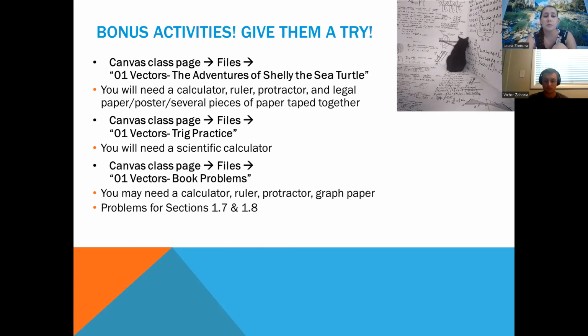And then there are some additional book problems. These would be your more typical homework style problems from a professor because these are pulled directly from the textbook. So you'll need a calculator, possibly a ruler, protractor, or graph paper if they ask you to add or diagram some vectors. But these are all available for you on Canvas.